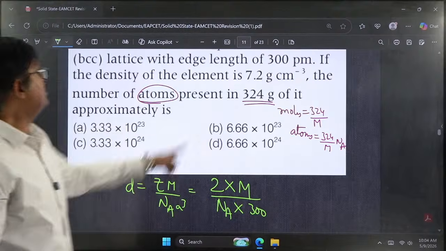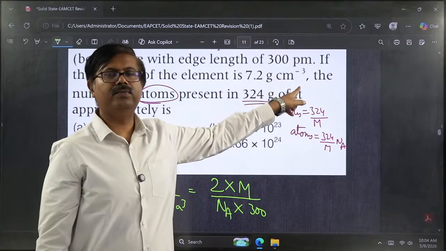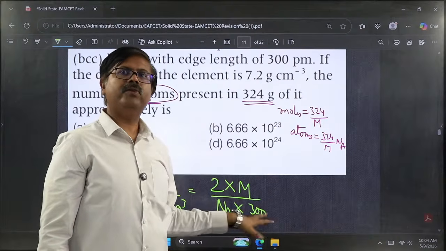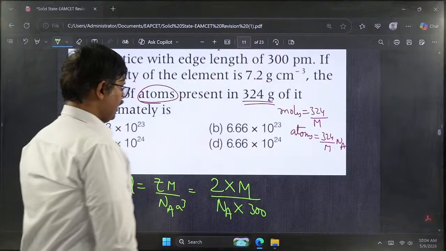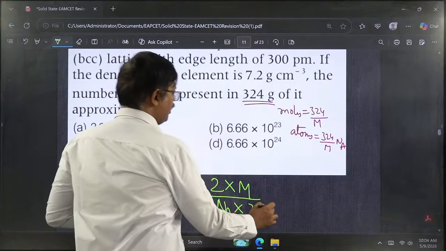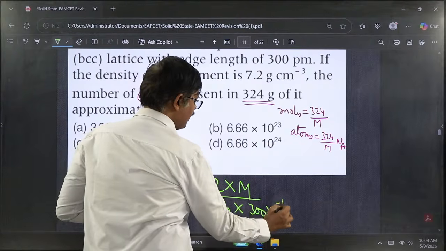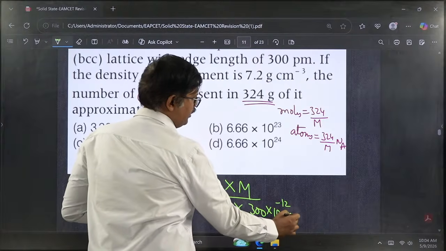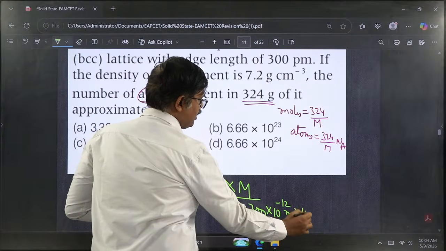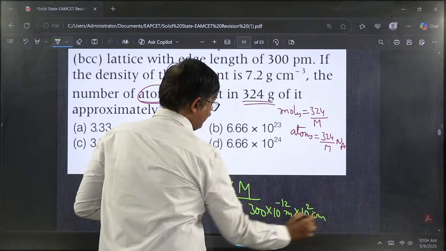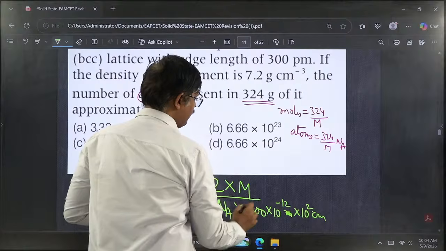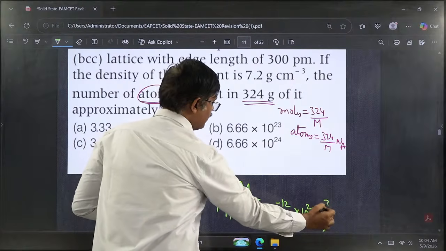Since density is given in centimeter cube, we will convert picometers into centimeters. 300 picometers. Pico means 10 power minus 12 meters. And 1 meter is equal to how many centimeters? 1 meter is equal to 10 square centimeters. So if you multiply like this, you will get the entire thing in centimeters.